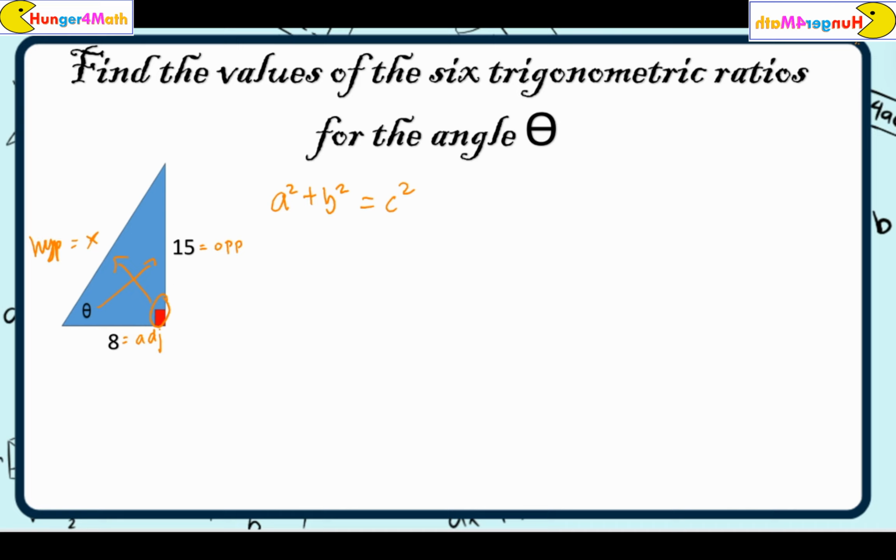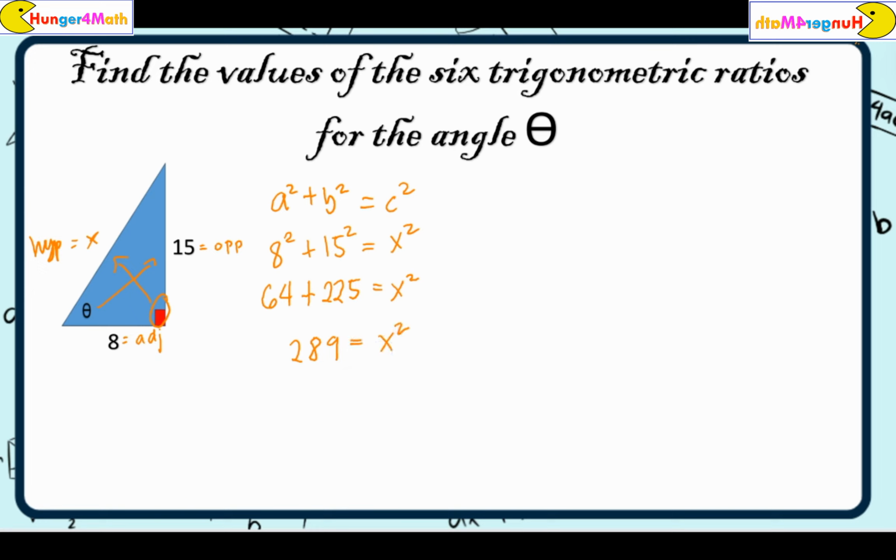Now let's substitute. So that will be 8 square plus 15 square is equal to x square. Then let's solve. So 8 square is 64, plus 15 square is 225 is equal to x square. Now we can add 64 plus 225, that is 289 is equal to x square.